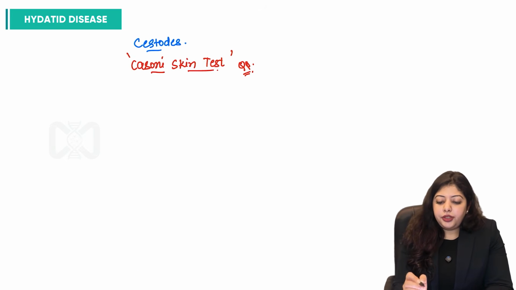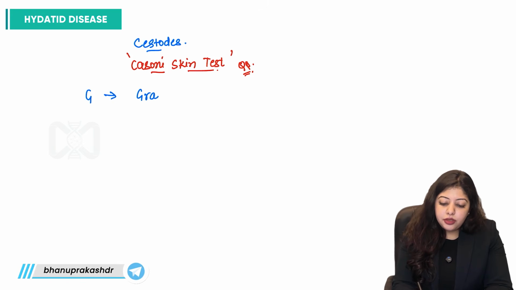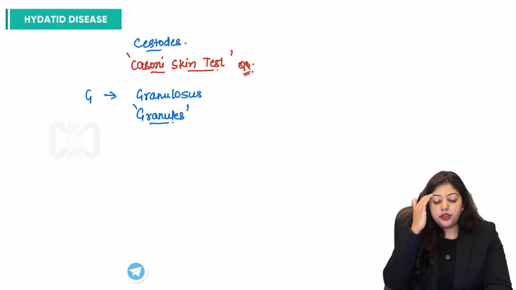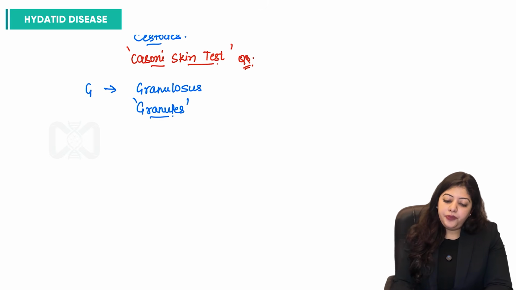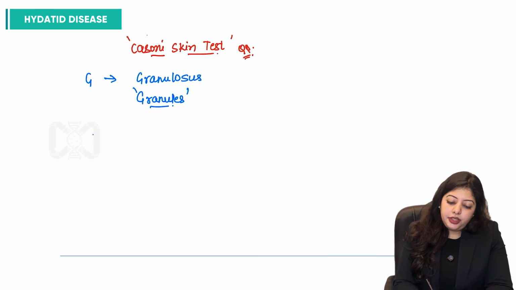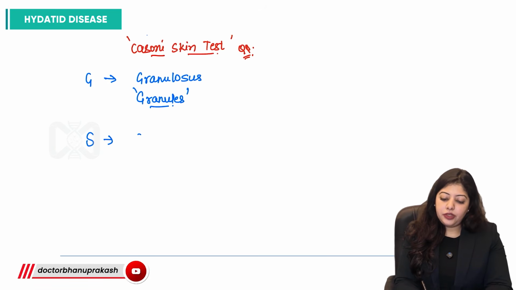Then we come to another letter, that is G. It stands for granulosus. And you also remember granules in this particular disease. You will understand it in a later section. Then another letter, that is S. S stands for sheep.